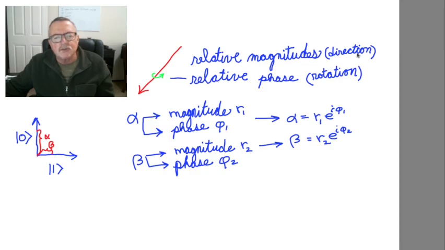Those are going to give it the direction. And then the relative phase between this phase 1 and phase 2 will give us the internal rotation. So internal rotation, well, if it's a line, it's infinitely thin, and how do you rotate inside an infinitely thin thing?